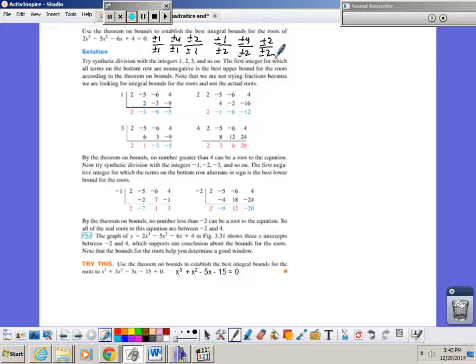So your highest is positive 4, and your lowest is negative 4. So we're going to do 1, 2, 3, and 4. And then we're going to do negative 1, negative 2, negative 3, and negative 4.